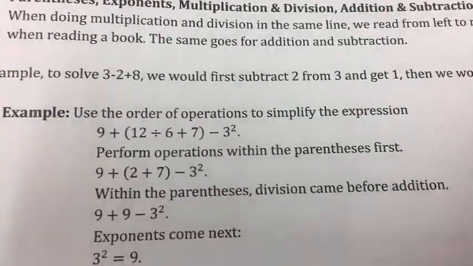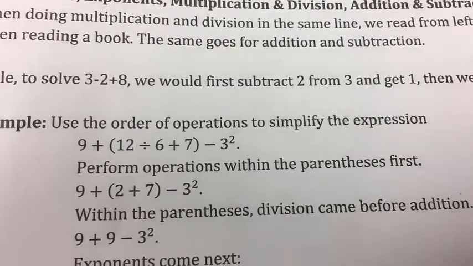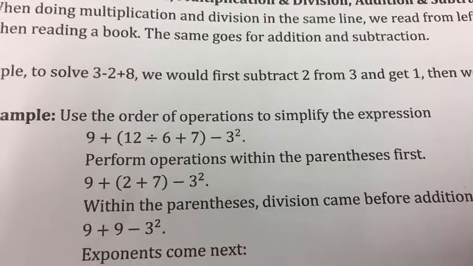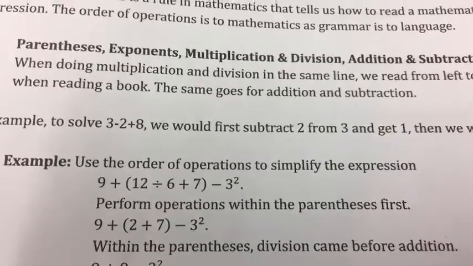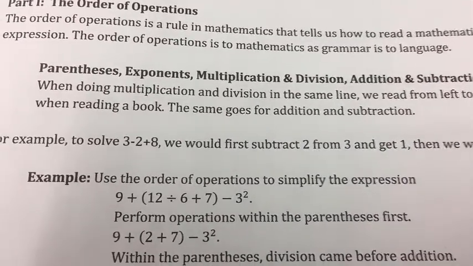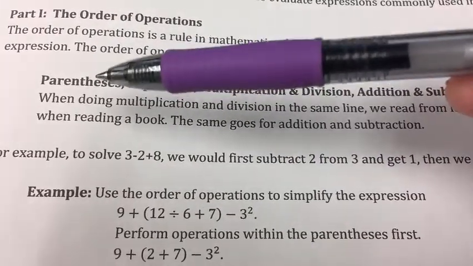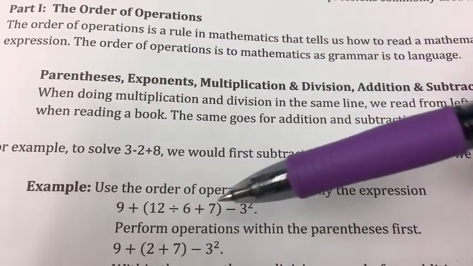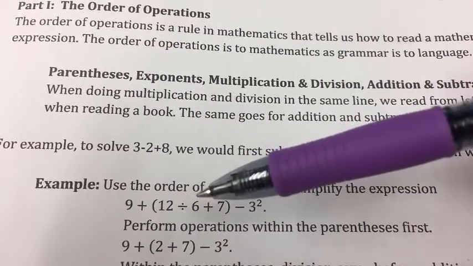Now notice they give you an expression here that says 9 plus parenthesis 12 divided by 6 plus 7, and then it has minus 3 squared. Well, our order of operations tells us to use the parentheses first. So I'm going inside of this and I'm going to work that first. So if you notice, I did 12 divided by 6.